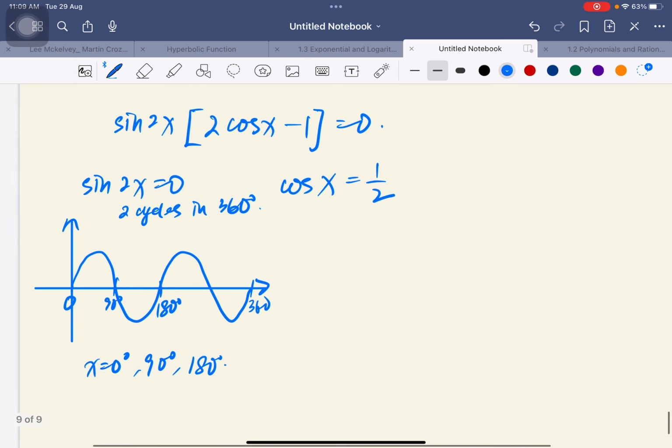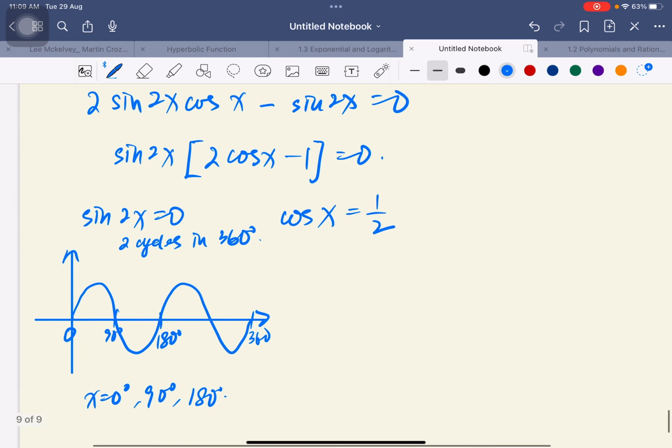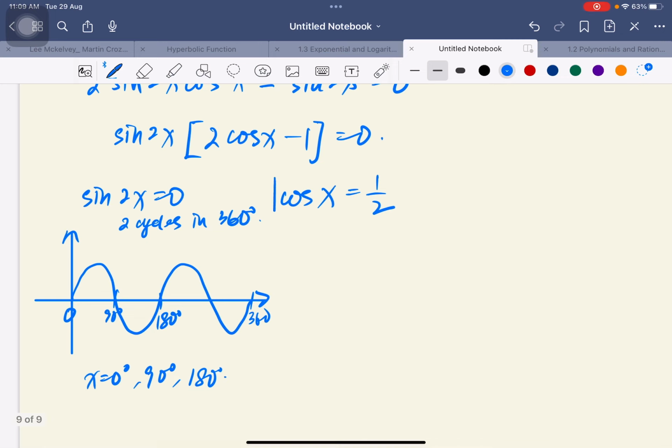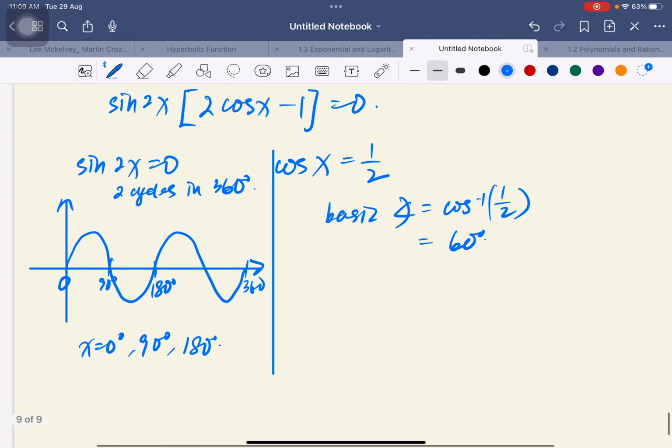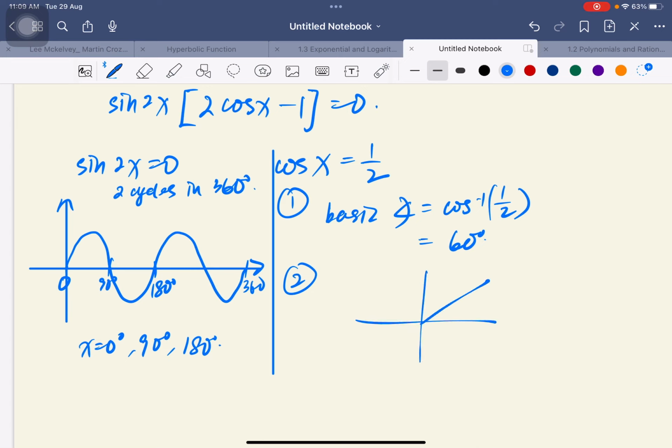And for cos x equals half, we do the 4 steps. The first step is the basic angle, which equals cos inverse half, which is pi over 3. We're using degrees, so pi over 3 is 60 degrees. Second step, sketch out the quadrants. 60 degrees for cos positive will be here and here.